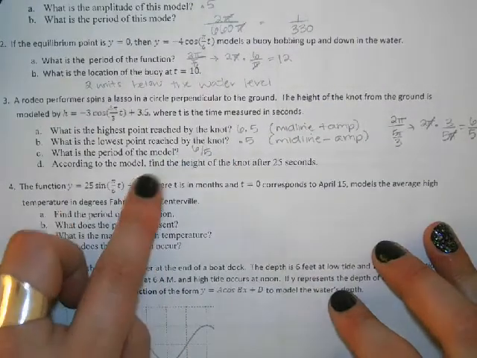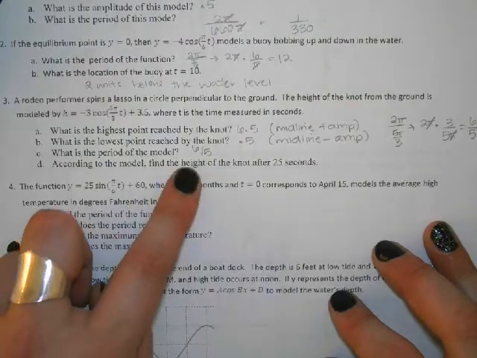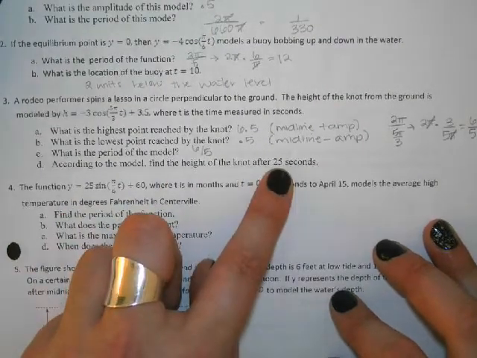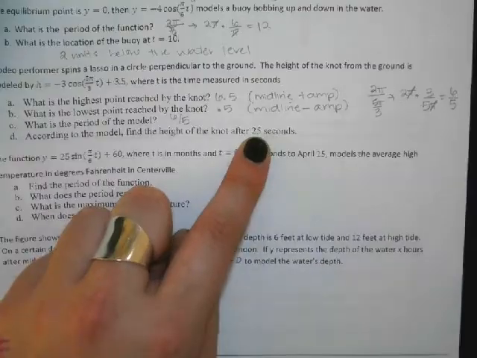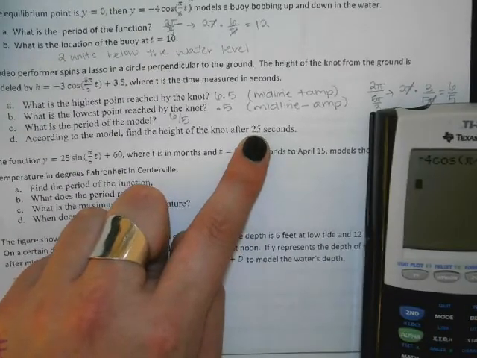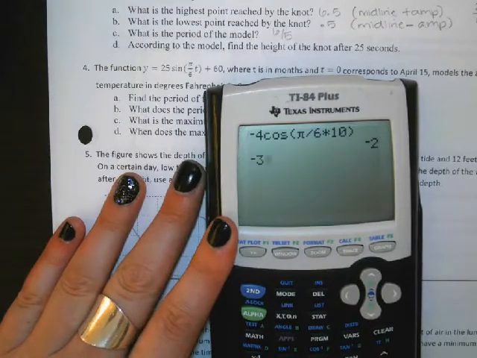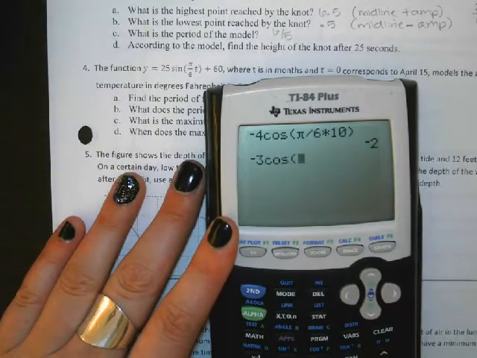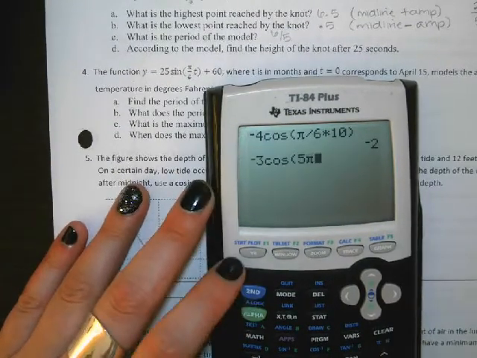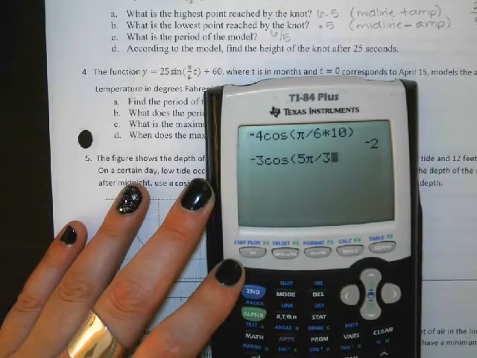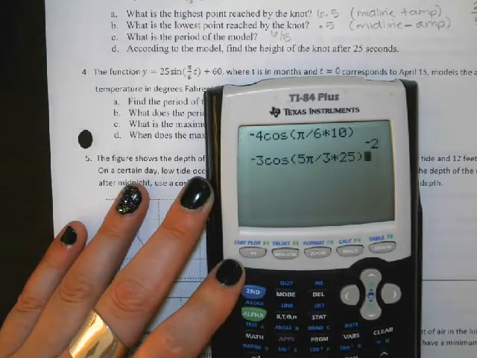Okay? According to the model, find the height of the knot after 25 seconds. So what are we going to type into our calculator? Cos 5 pi over 3 times 25 seconds, right?